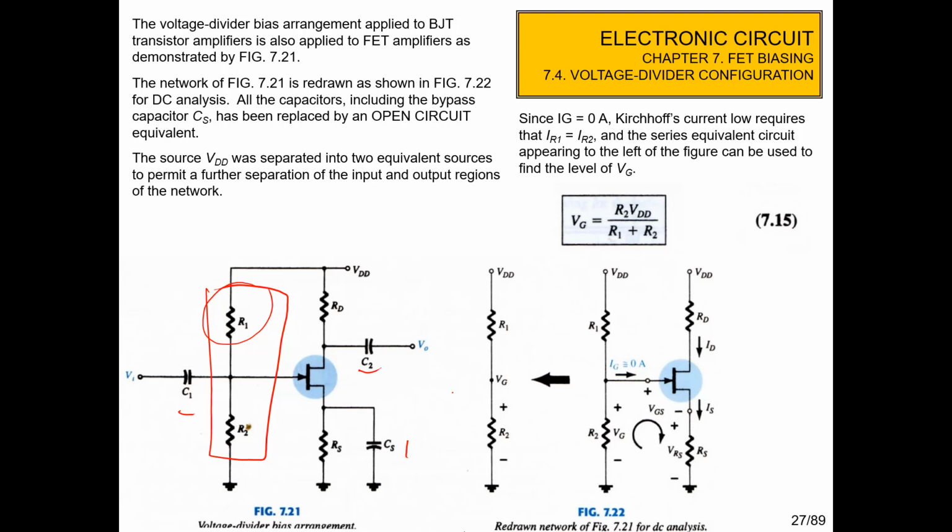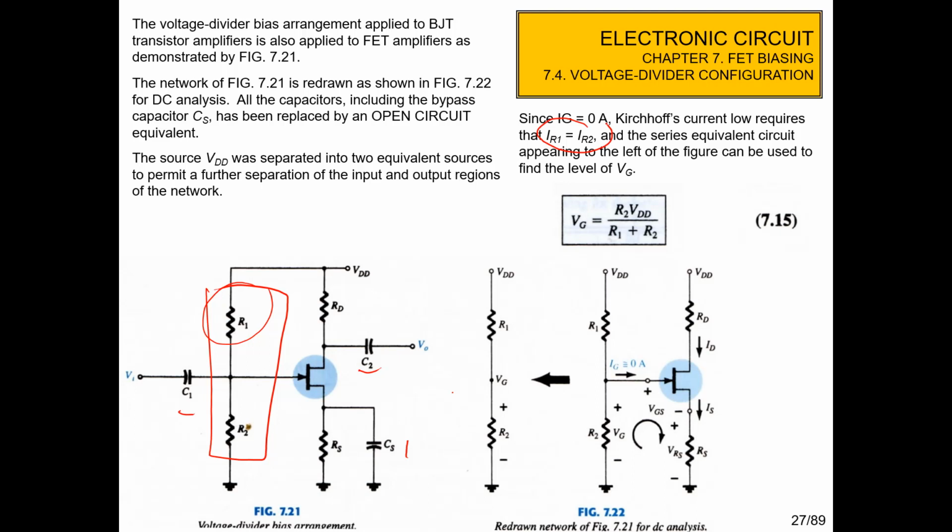Since IG, the gate current, is equal to 0, Kirchhoff's current law requires that IR1 is equal to IR2.